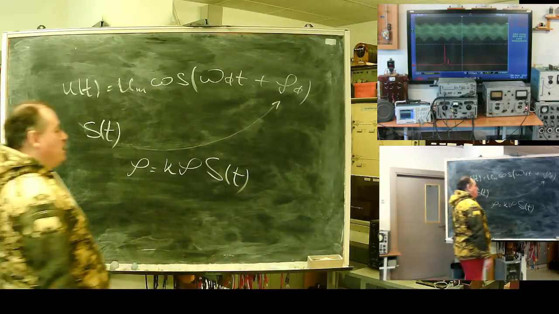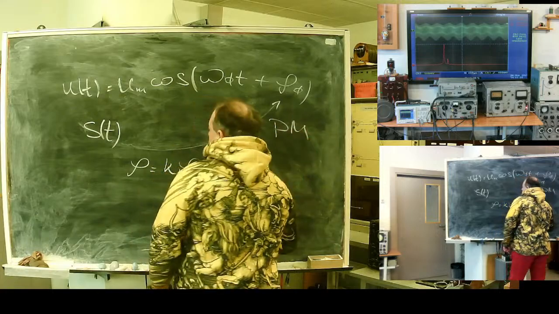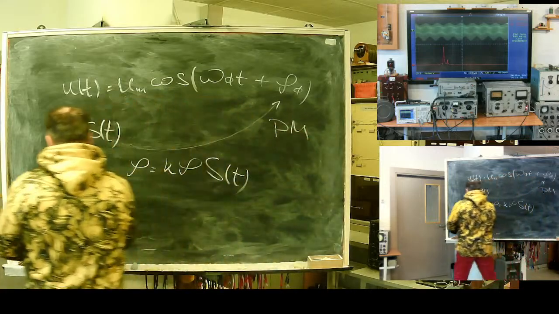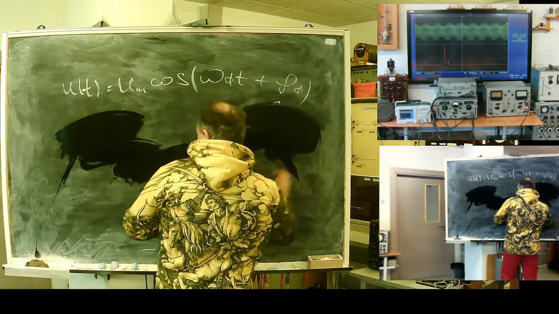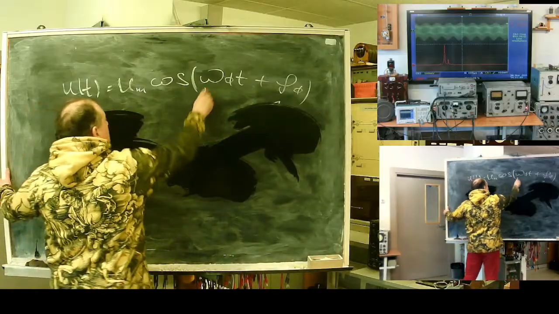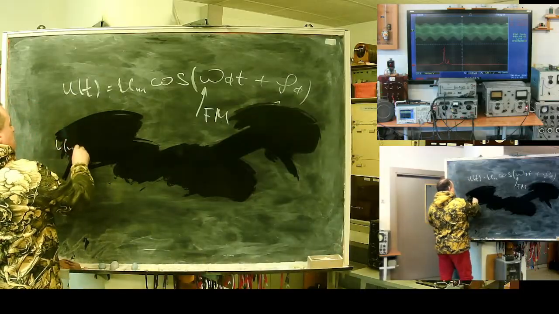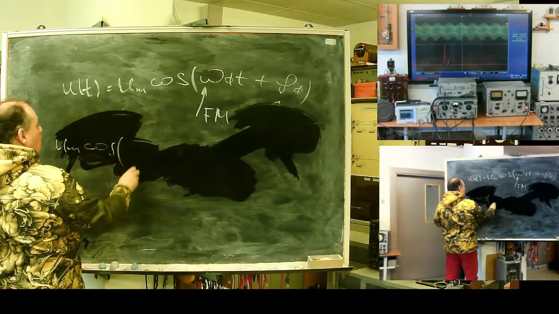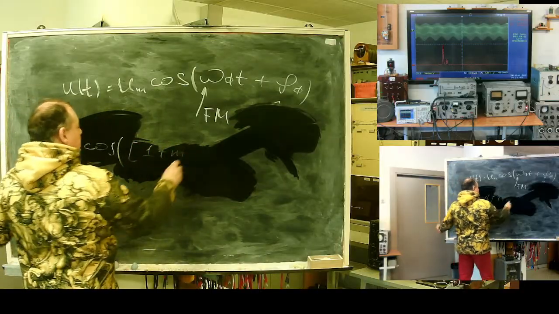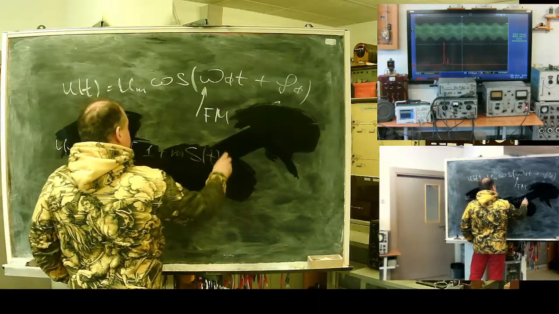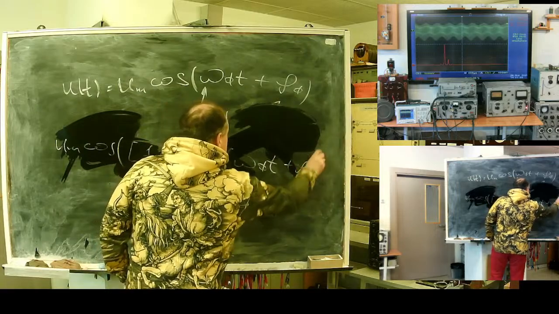It will be angular modulation or phase modulation, or I can try to use frequency modulation. In this case, I will have Umax cosine of omega 0 times 1 plus modulation depth times my signal, time plus phi 0.